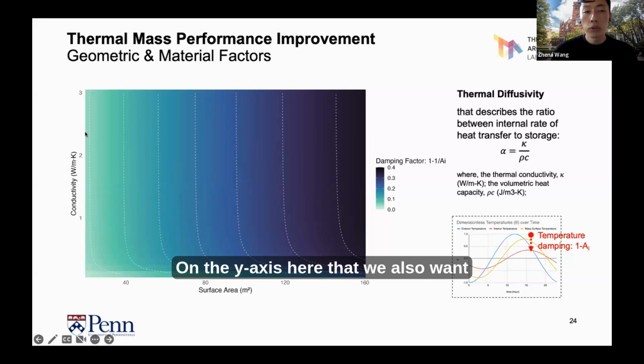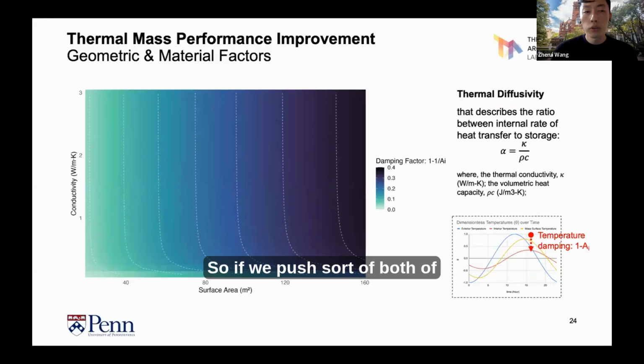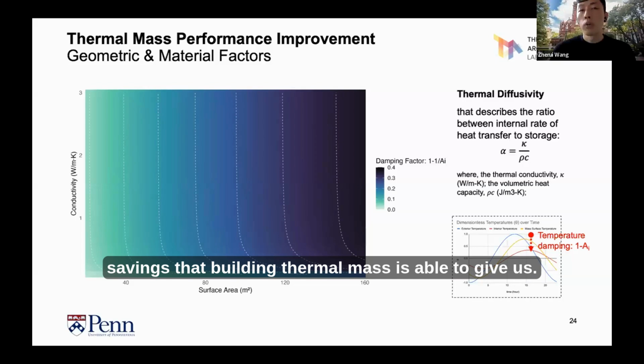On the y-axis here, we also want to enhance or even increase the conductivity of the materials, so that from a material science perspective, it can work better as a thermal mass. So if we push both of these design objectives, we're able to increase the damping factor to enhance the operational carbon emission savings that building thermal mass is able to give us.